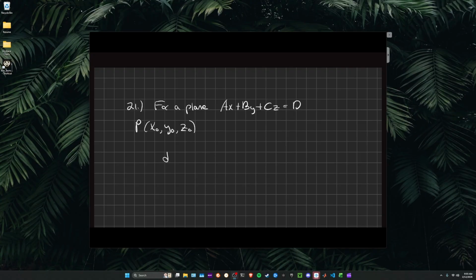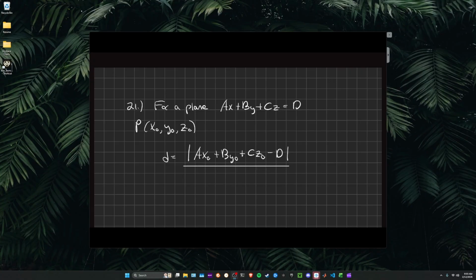Their distance can be expressed as just the magnitude of these scalar multiples of all the initial points. So a x naught plus b y naught plus c z naught. And then in that initial equation, we're just moving the d over from the right side, so it would become minus that point d.